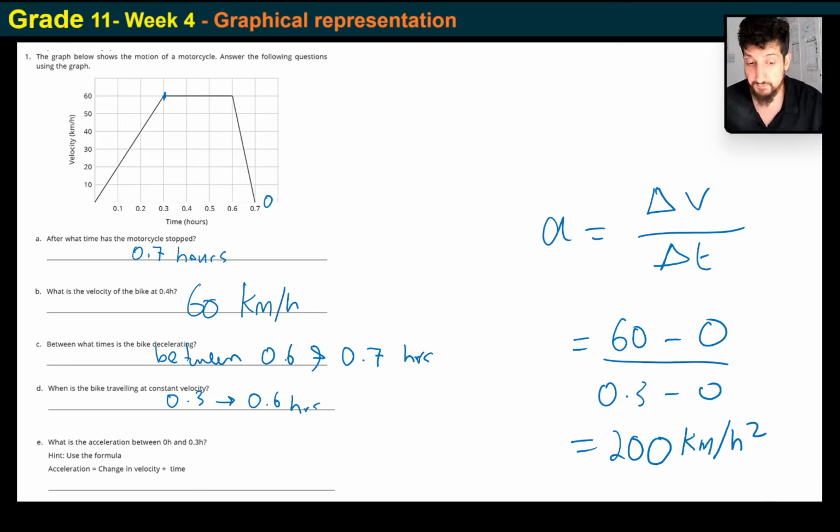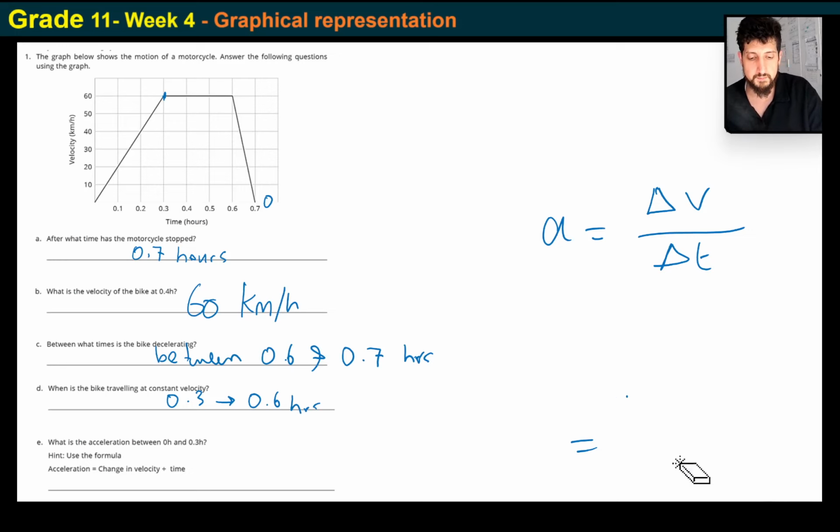Anyway, what if I wanted to change it to meters per second? Can I do that? Yeah, we can do that. So let's write the answer. 200 kilometers per hour squared. What if I want to change it to meters per second? Well, let's see.